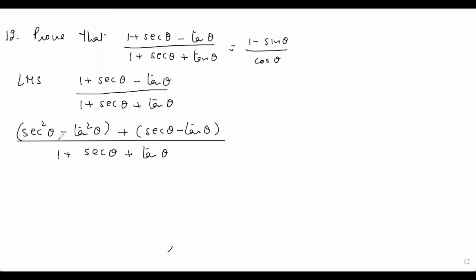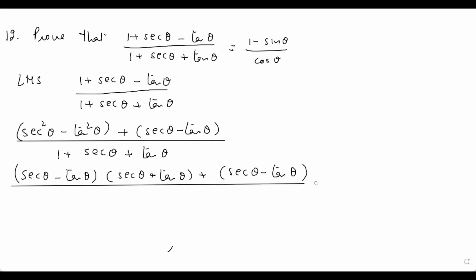So sec square theta minus tan square theta can be written as sec theta minus tan theta and sec theta plus tan theta, plus sec theta minus tan theta, upon 1 plus sec theta plus tan theta.